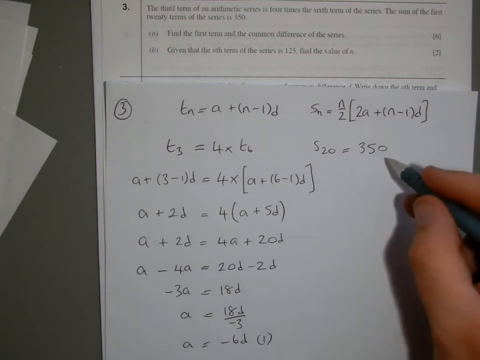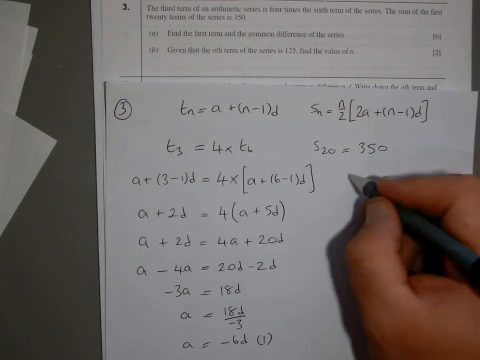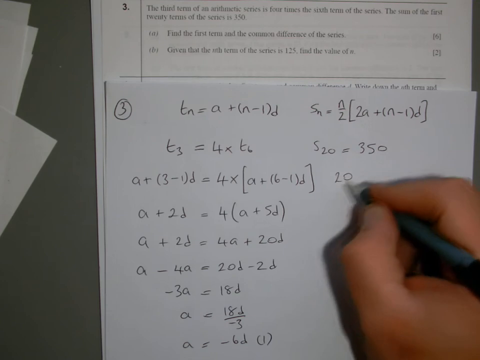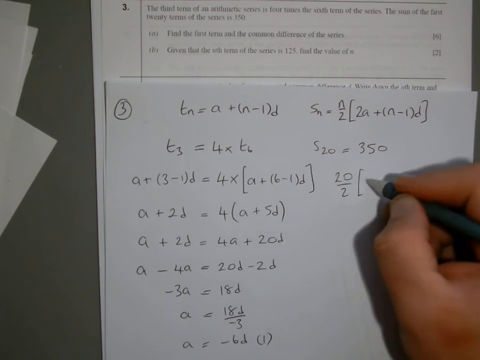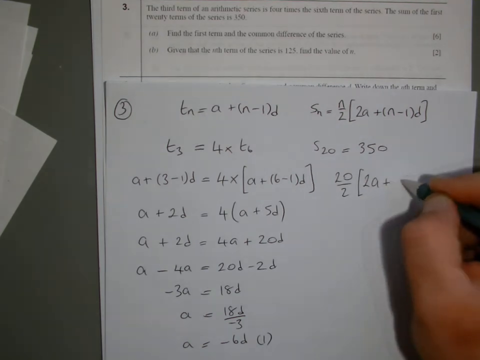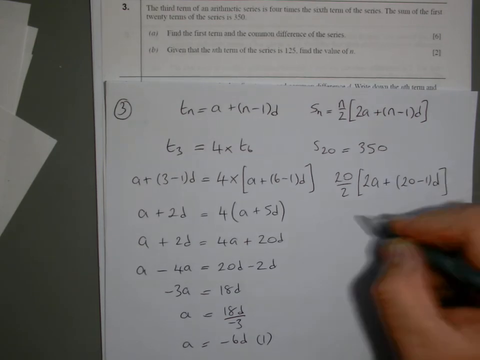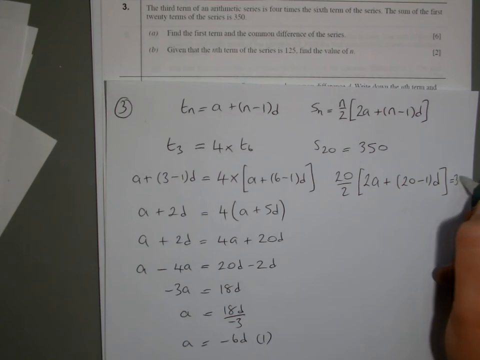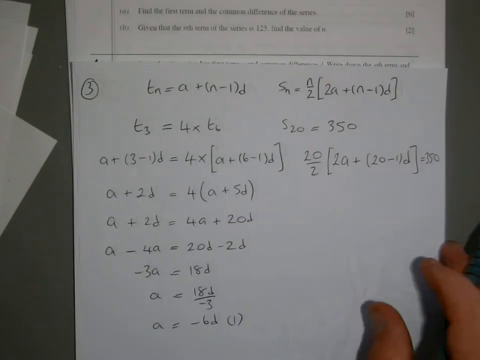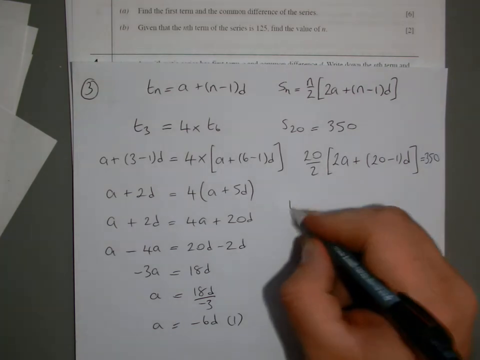Sum of the first 20 terms is 350. So in there then, 20 over 2, square bracket, 2A plus (20 for n, take away 1) times D. So equals 350. Almost forgot about that. Okay. So then I've got, well, this becomes 10, doesn't it?